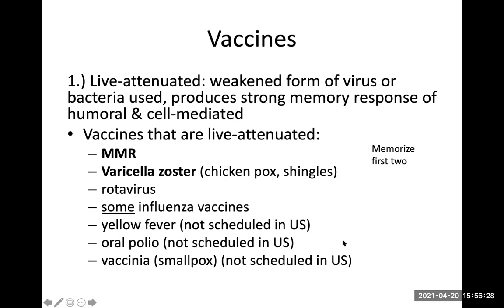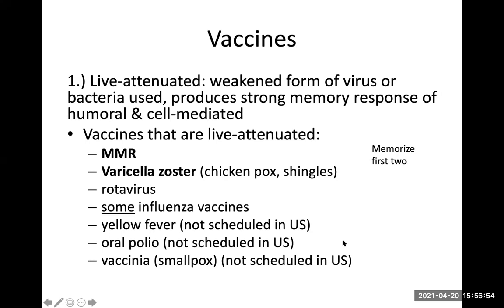And then smallpox is still considered eradicated. So no one really receives smallpox vaccines, except for maybe some military people. The smallpox vaccine is not really given, not even if you're traveling, because it shouldn't matter where you go, you should never be exposed to smallpox.